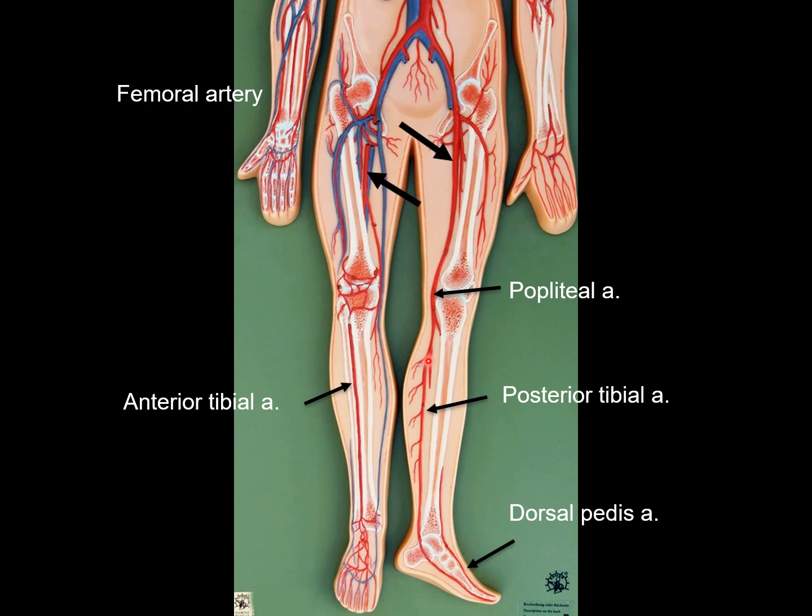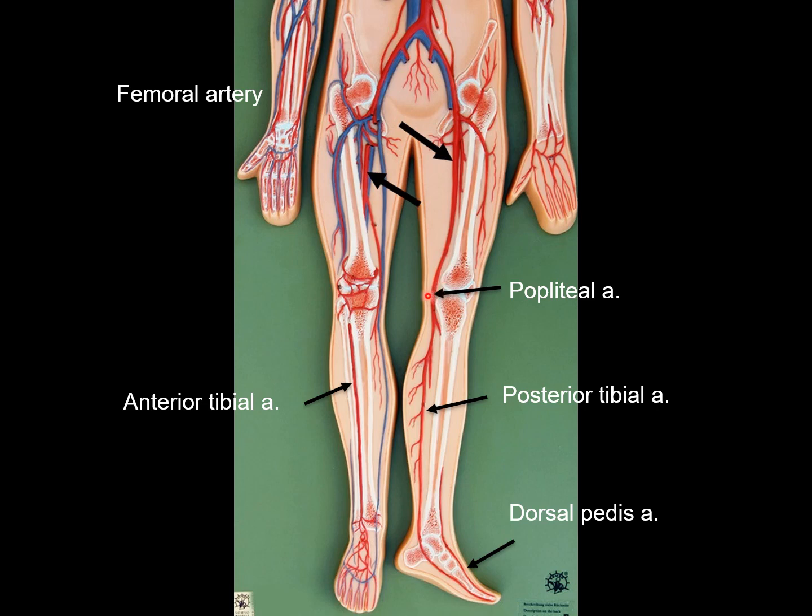So if we follow down, we know we have that aorta coming down from the heart, right? And it turns into that descending aorta, thoracic aorta, and then if it's going through the abdomen, it's the abdominal aorta, okay? And then it's going to branch down each leg, okay? And once it hits the hip, it's going to become the femoral artery, okay? So the femoral artery is going to continue down and become the popliteal artery behind the knee.